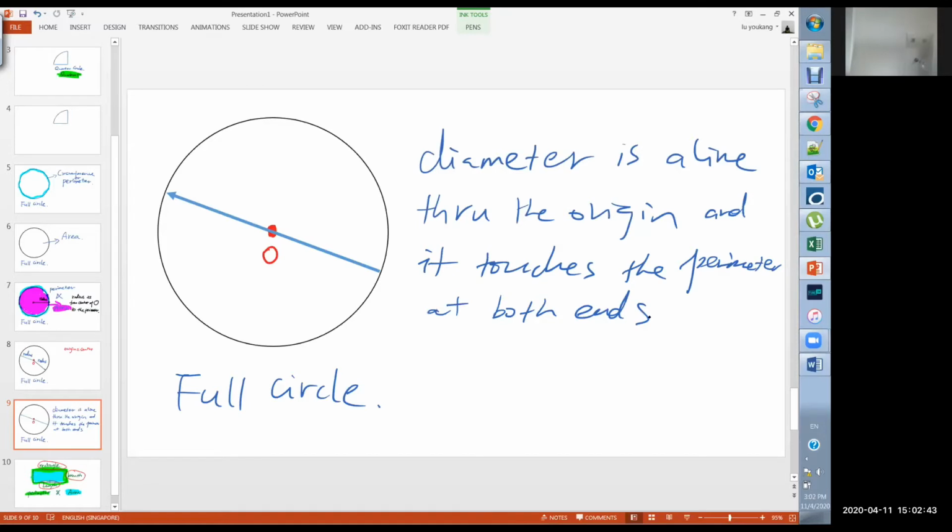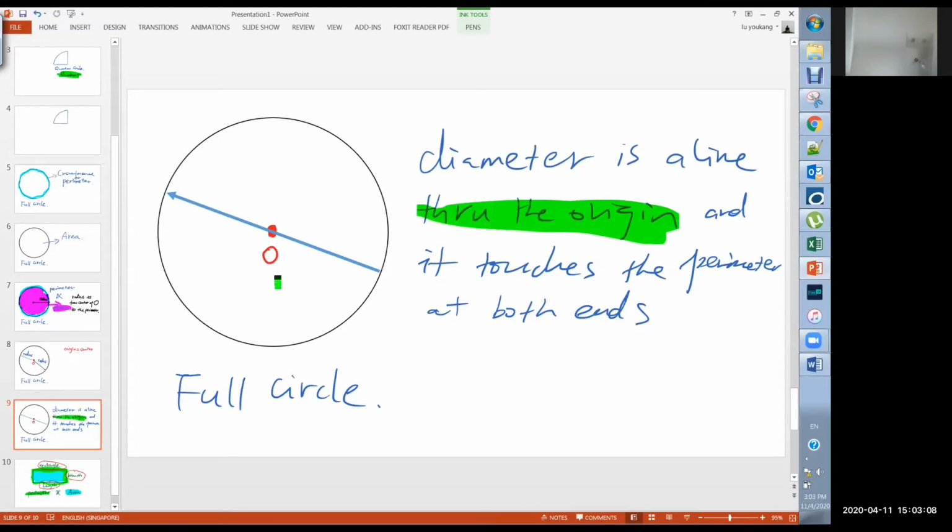Okay, repeat after me. Diameter is a line through the origin and it touches the perimeter at both ends. Let's look at this. First thing first, you ask yourself, is this through the origin?